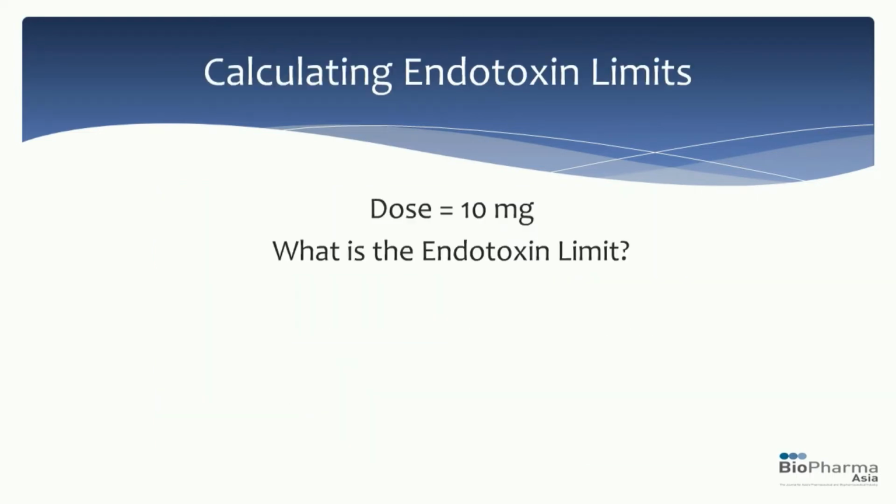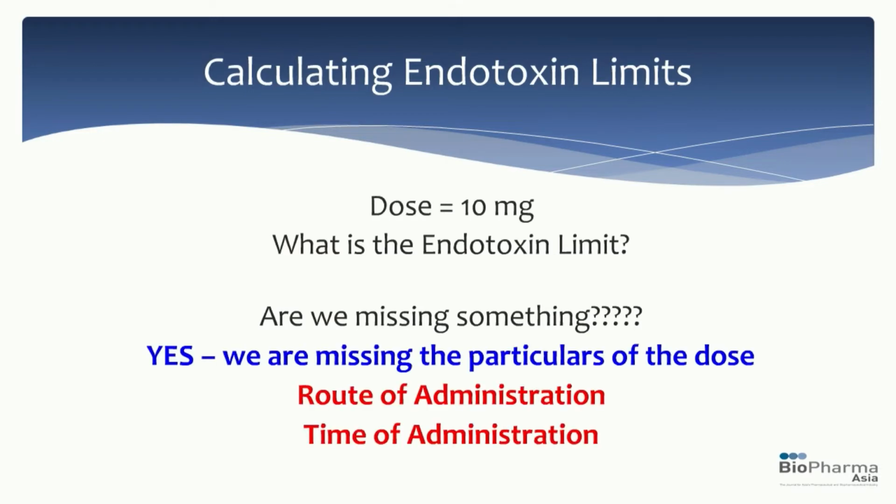So here's a question. We have a product and our dose is 10 milligrams. What's the endotoxin limit? Well, next question is, are we missing something? And the answer to that is yes. We're missing the particulars of the dose. Now, the dose, remember, we have to worry about the route of administration, because the endotoxin limit changes with the route of administration.